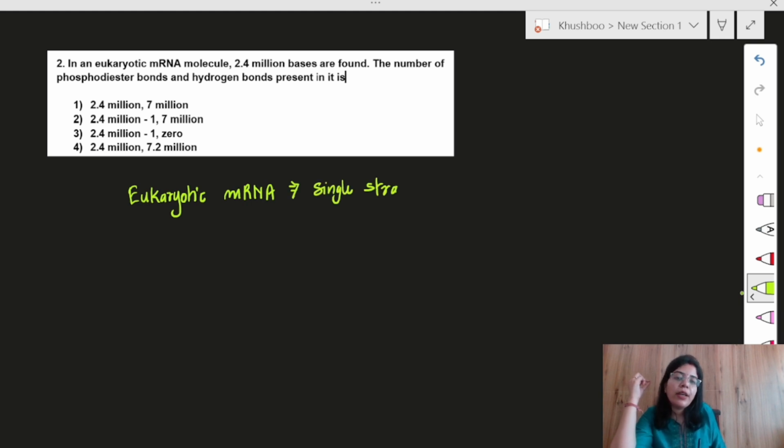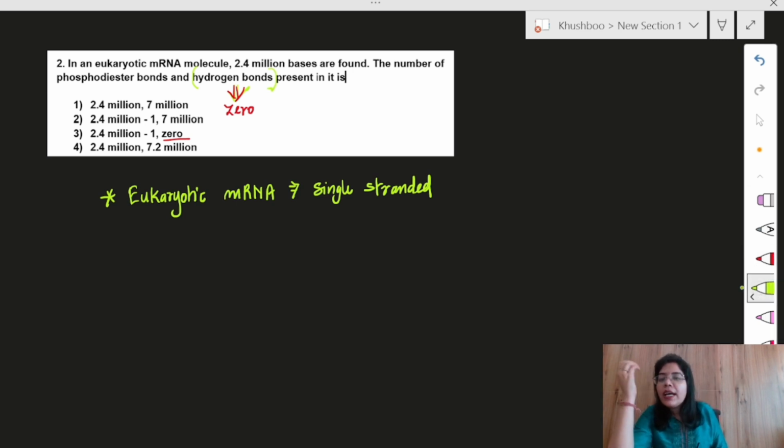Not double stranded. For making double-stranded nucleic acid, you require hydrogen bonds. For single strand, hydrogen bonds are not at all required. So we should have zero hydrogen bonds, right? Only one such option you can see. This is such an easy question, right?